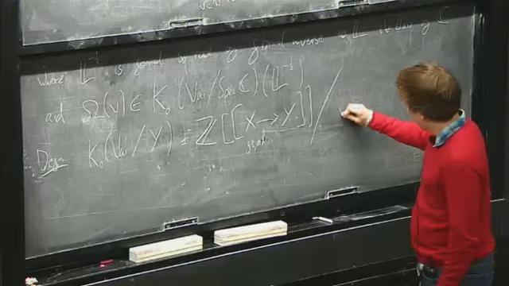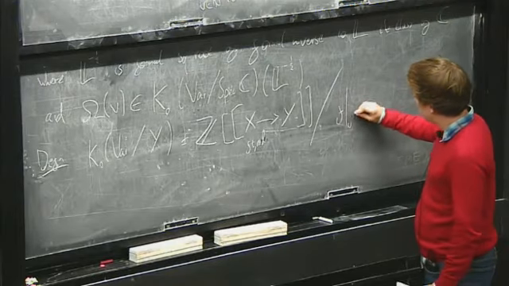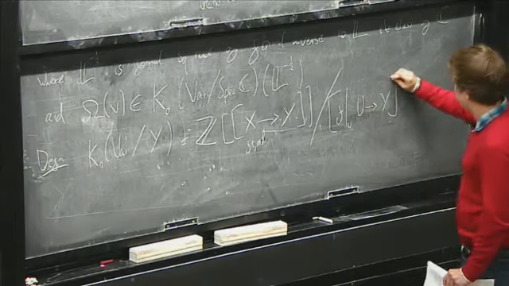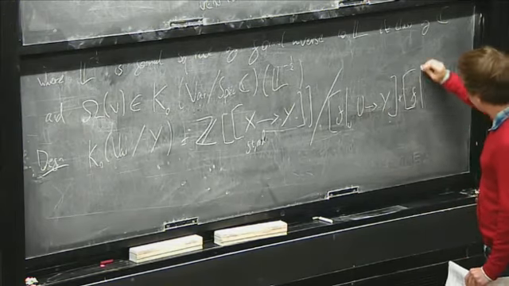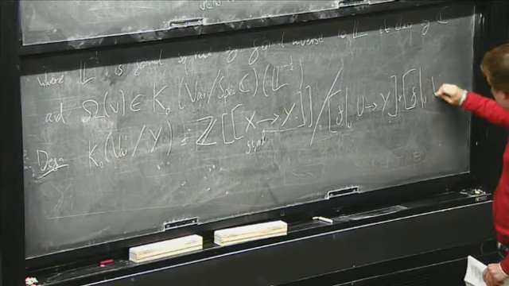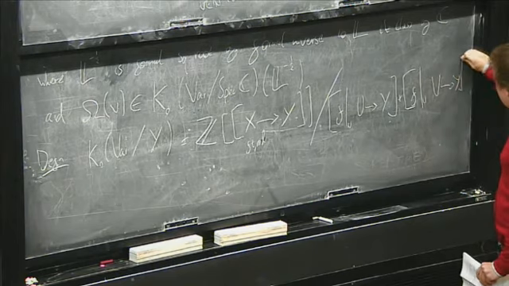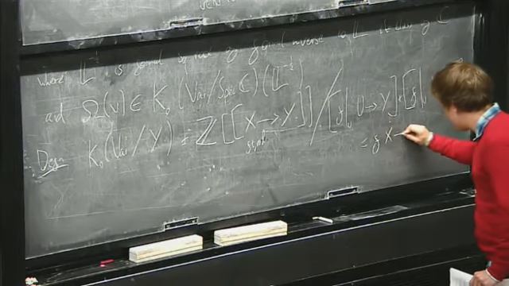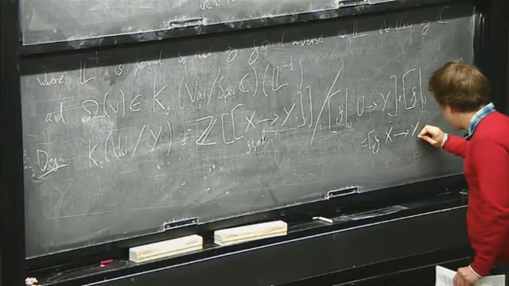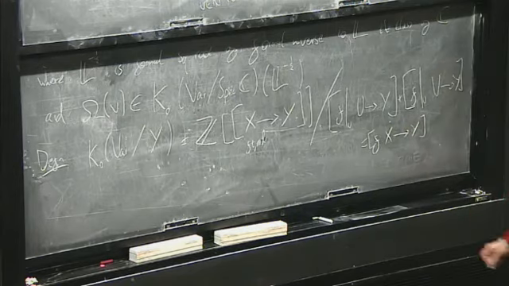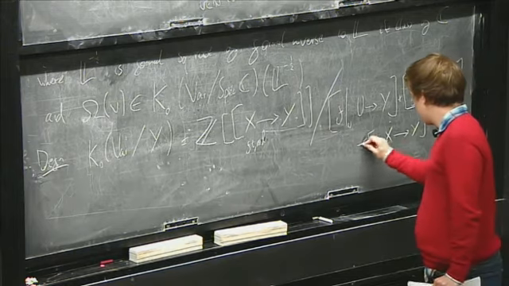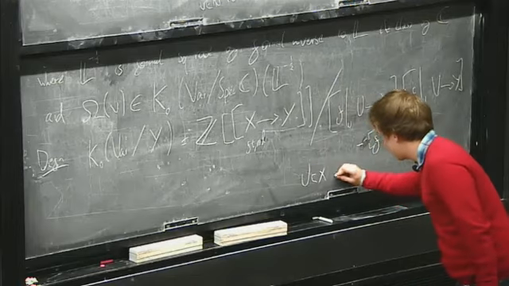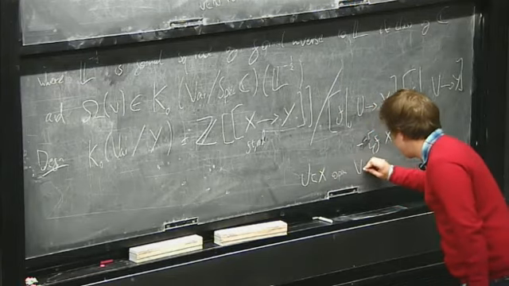So I mod out by f restricted to U, from U to Y, plus f restricted to V, from V to Y, equals f from X to Y, where U in X is open and V is its complement.